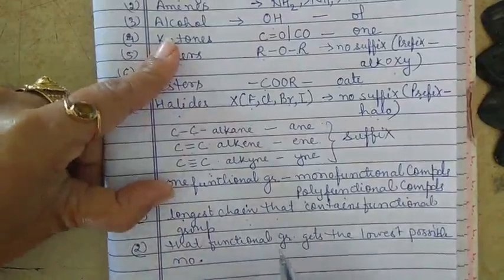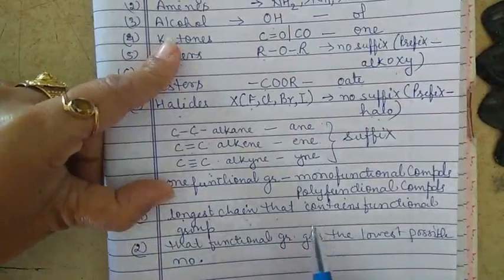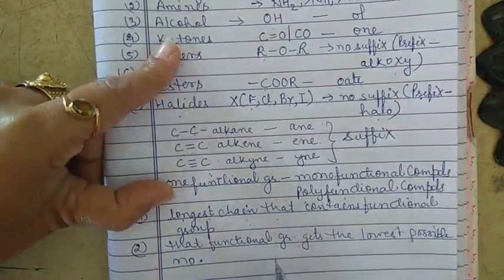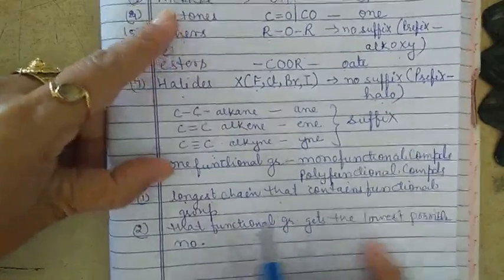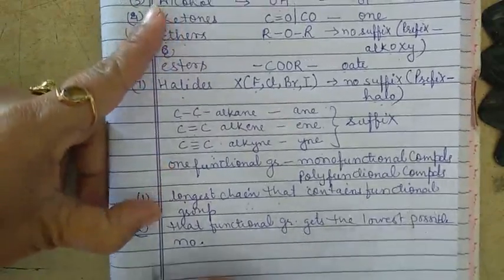This means the carbon atom where the functional group is attached should get the lowest possible number.